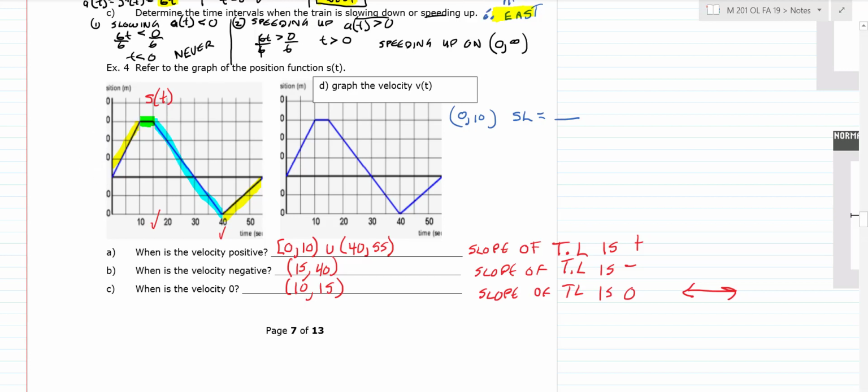Let me just write this like this. So 10, 20, 30, 40, like that. It looks like the rise from here to here is 30, and the run is over 10. So that is going to be a velocity of 3 units.